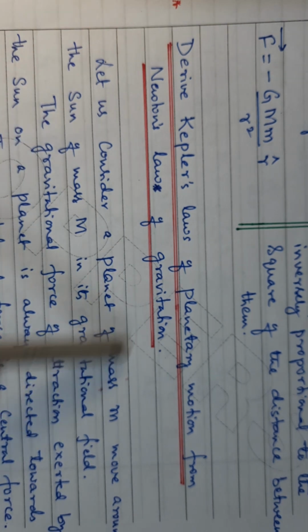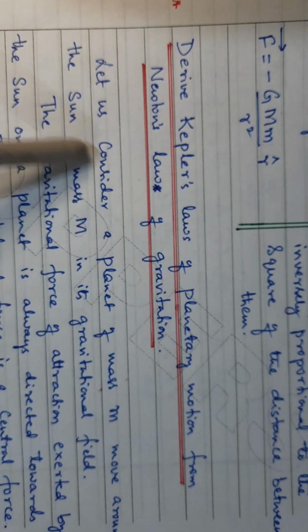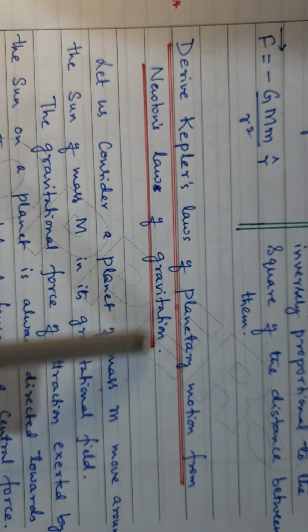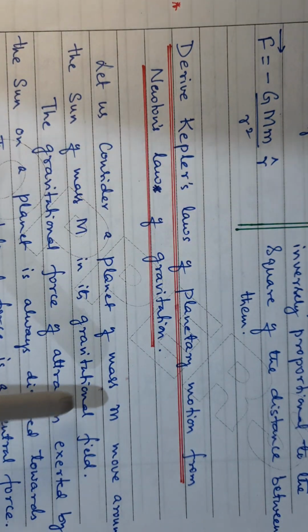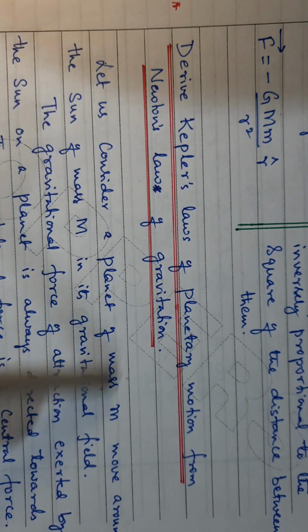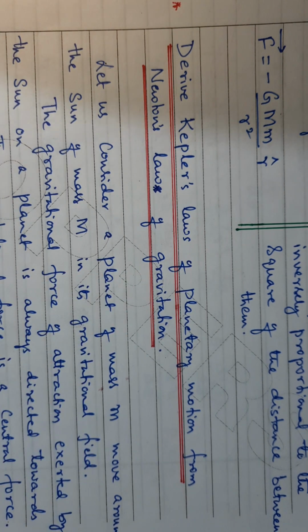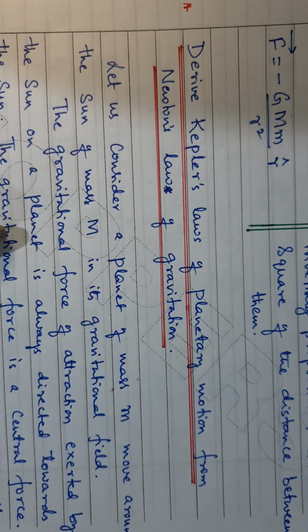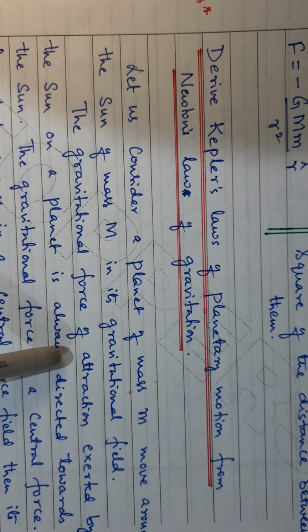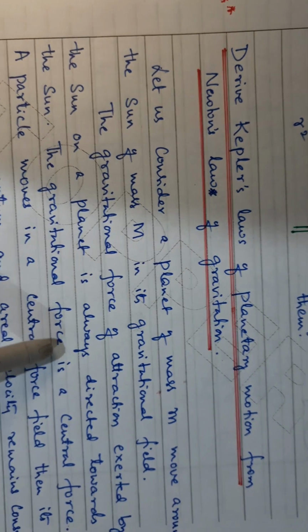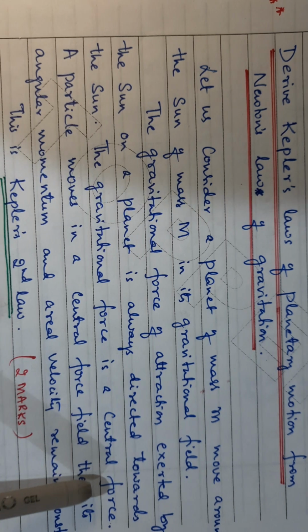In that gravitational field, including the earth, all the planets are revolving around the sun. Since we already know that the gravitational force of attraction is said to be a central force.